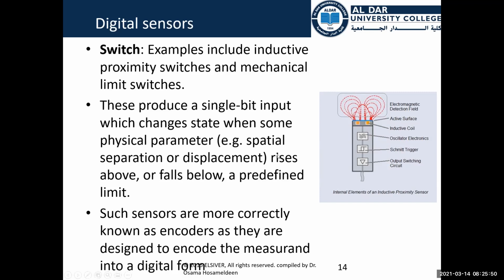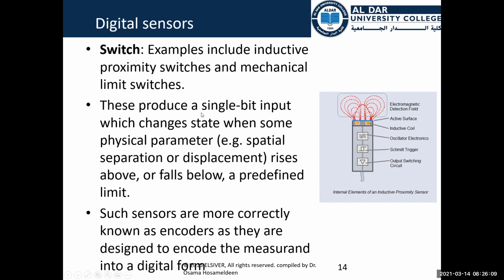It produces a single bit. Either there is some object passing by the sensor or there is no object passing by the sensor. So it is binary, either 1 or 0.